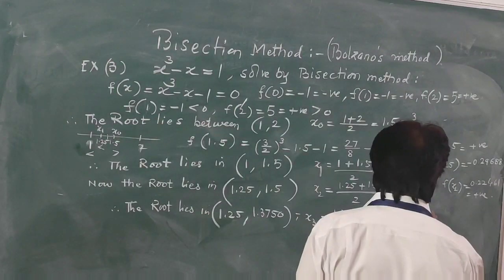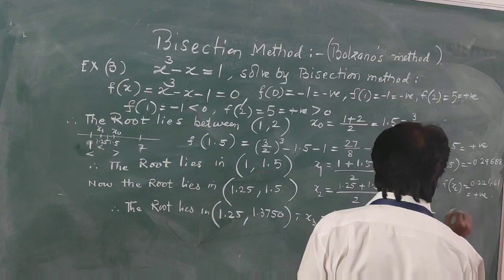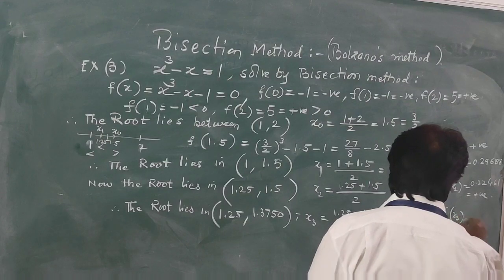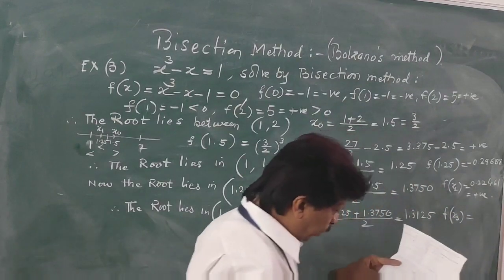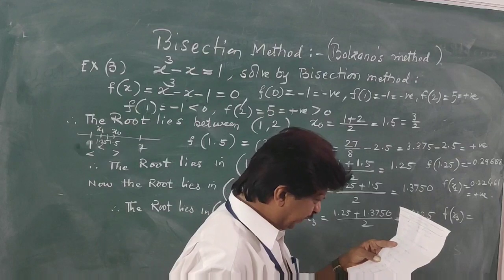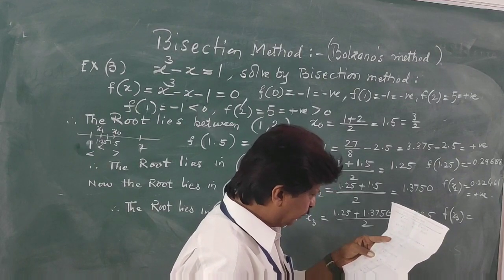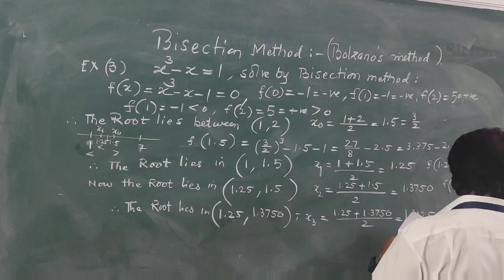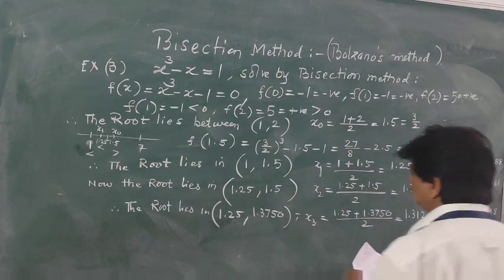And the f value of this is minus 0.0515, it is negative.